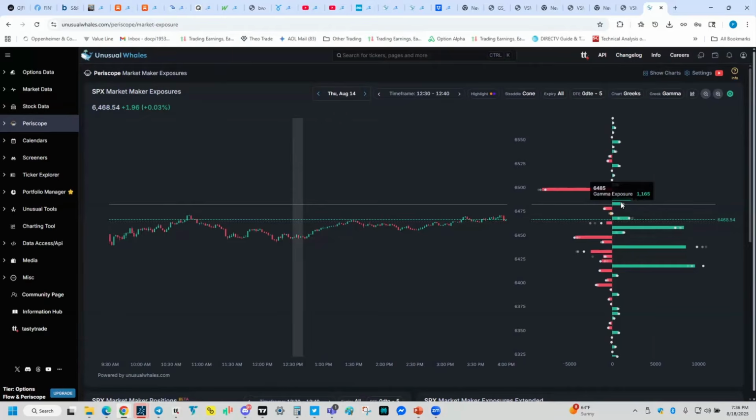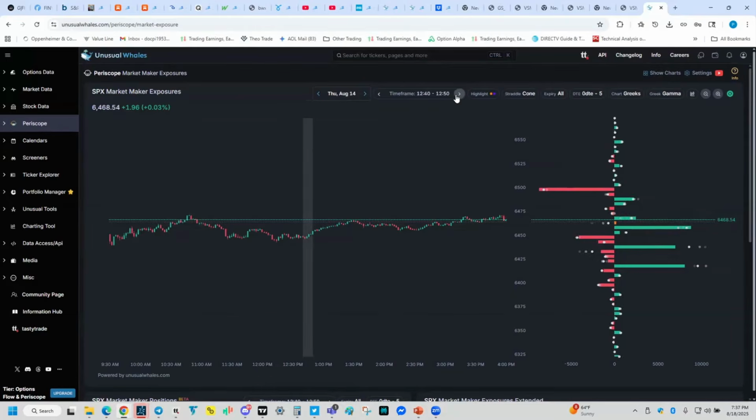If Boomer's hedge fund buys 5,000 options and mine sells 3,000 options, then the market maker only has 2,000 to deal with. Or during the day, if you look at this, what's happening during the day?